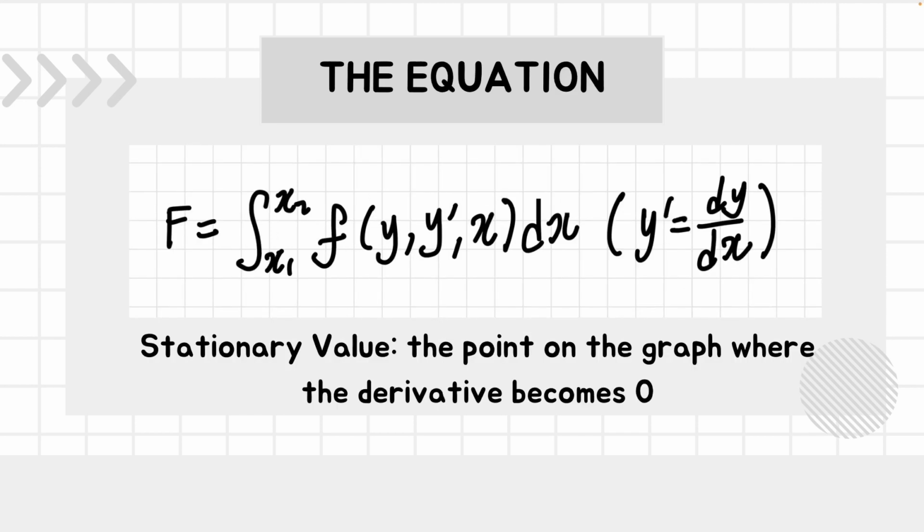Let's find big F, the function which is the integral of the function small f and has a stationary value. Here, the stationary value refers to the point on the graph of the function where the derivative becomes 0. If we express this mathematically, it would look like this. When small f is integrated from x1 to x2, if small f changes, the integrated value big F will naturally change as well.